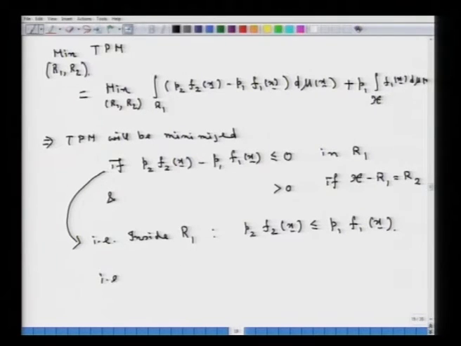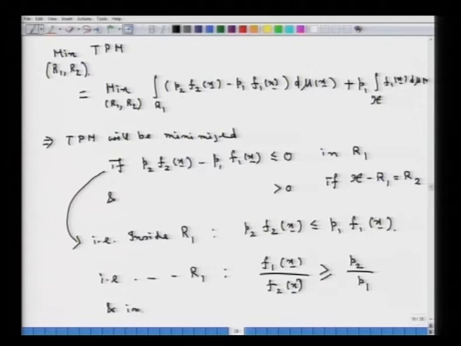That is, inside R1 the ratio F1 x divided by F2 x would be greater than or equal to P2 by P1, and inside R2 we will have this ratio of the two densities, F1 x by F2 x, strictly less than P2 by P1.